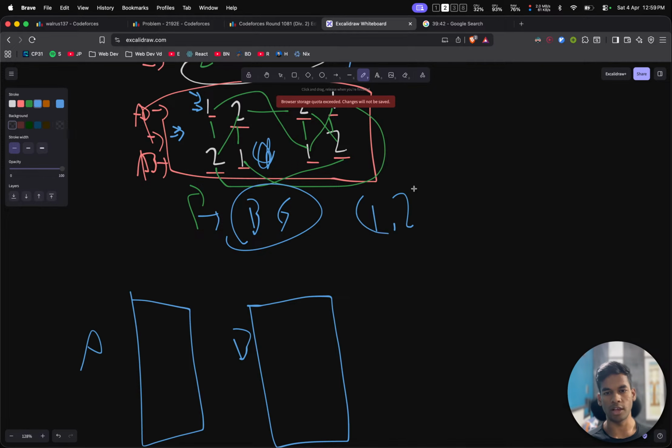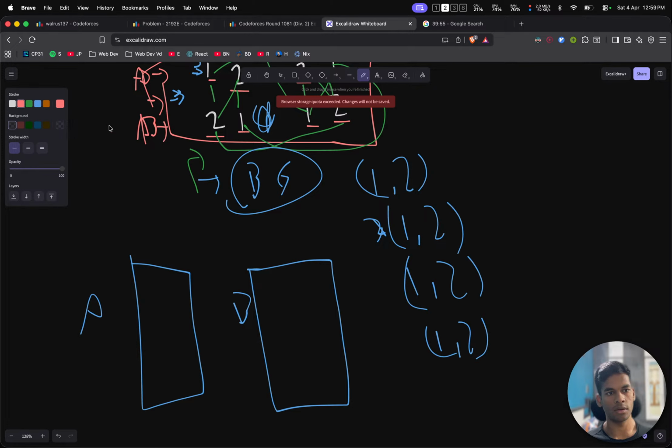Shit, this feels like a problem that I've done before. You have pairs like this: 1 2, 1 2, 1 2, 1 2, and when you go pair by pair, okay, this is very doable.